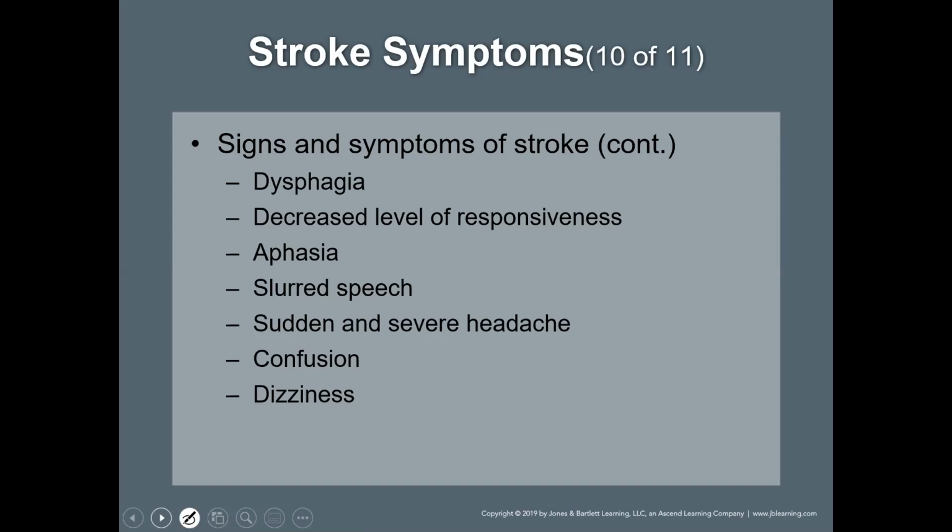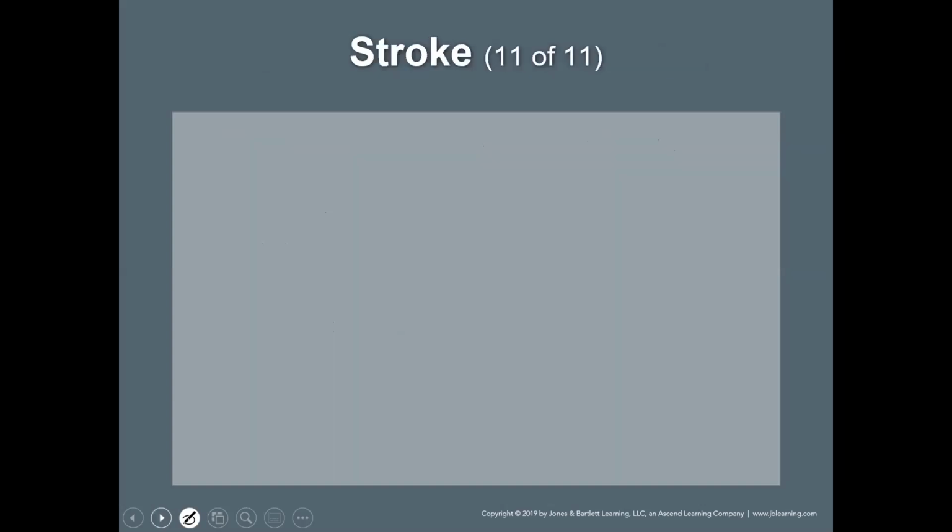All these things could be signs of strokes. And then you have your seizure, coma, death. Their tongue could deviate, they could be combative, very confused. All these symptoms can be a cause of stroke.